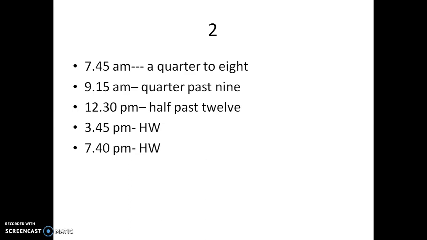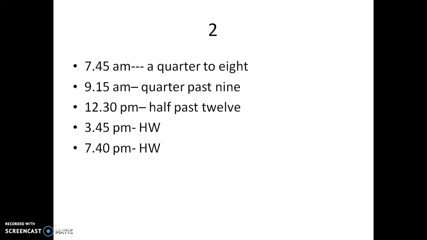How many minutes are there in an hour? There are 60 minutes in an hour. So 60 divided by 4. Quarter means 1/4. So when you divide 60 by 4, how much do you get? You get 15. That's why we say it is 15 minutes to 8, or a quarter to 8.